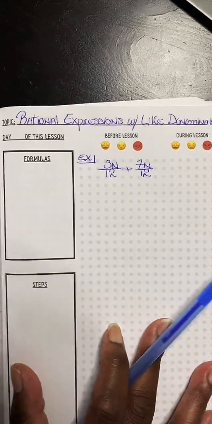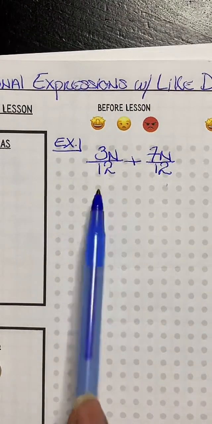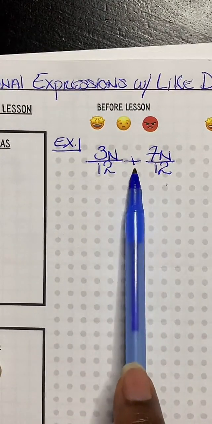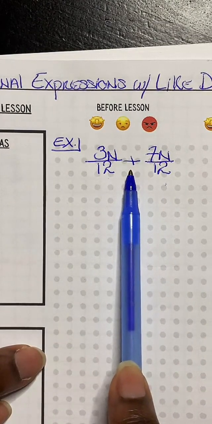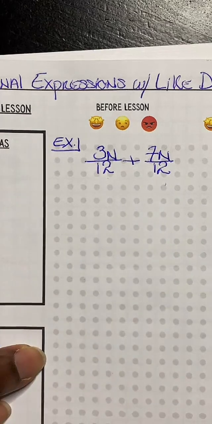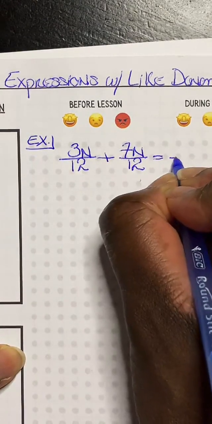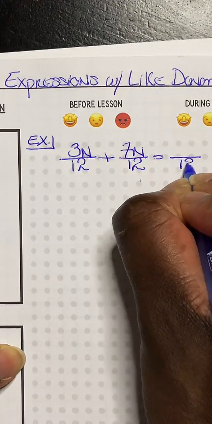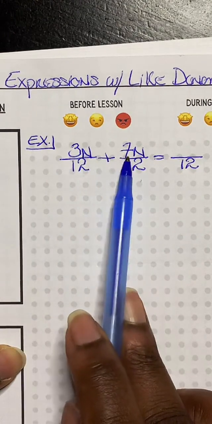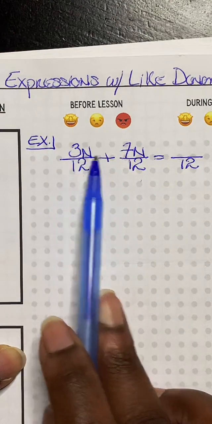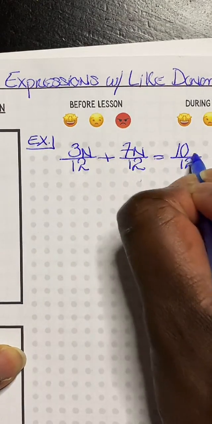Just like a regular fraction without the variables, when you have a common denominator and you're adding and subtracting, the only thing you keep is your denominator. So we're going to keep our 12, but what changes is we're going to combine our numerators. So 3n plus 7n gives me 10n.